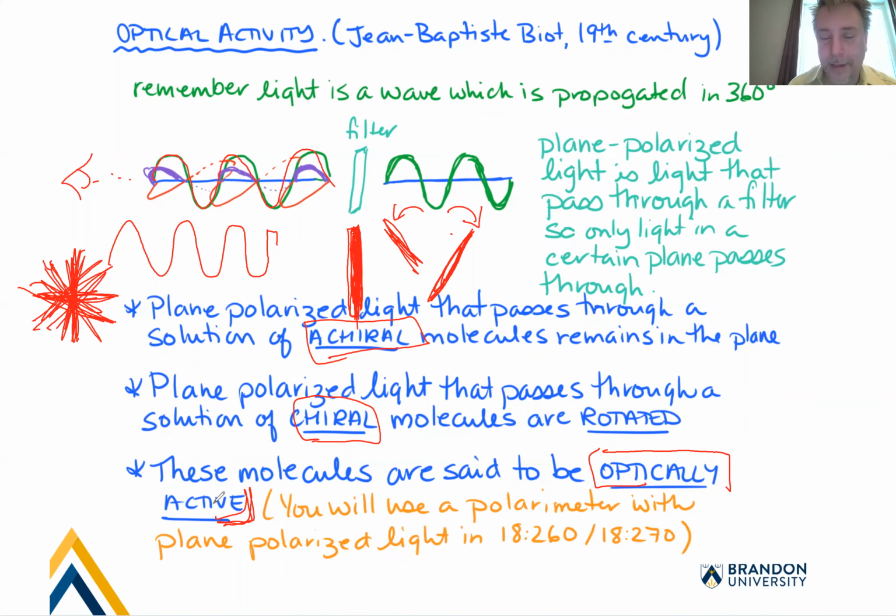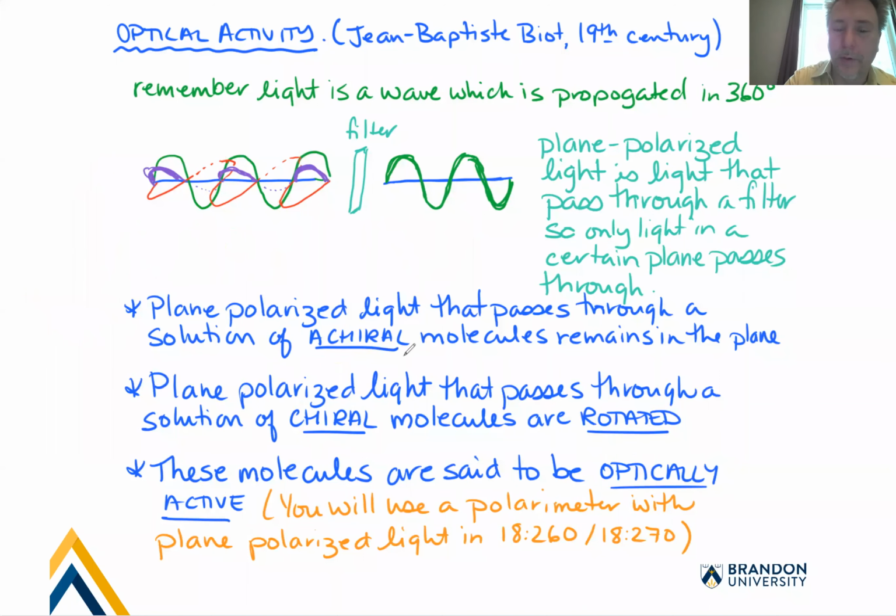Was it optically active? Does it rotate plane polarized light? Since then there are other things we can do to tell us if it's chiral, but that's outside the scope of the course. Historically, this is how it was determined.